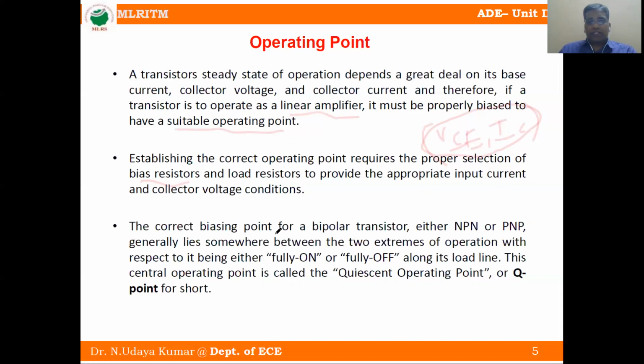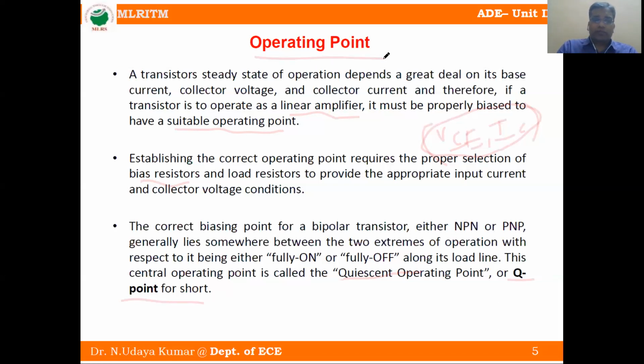The correct biasing point for a bipolar transistor, either NPN or PNP, generally lies somewhere between two extreme operations, fully on or fully off, along its load line. This central point we call the quiescent point, or Q point, or operating point. So these are the three different names.